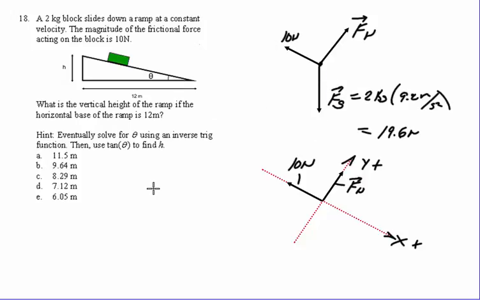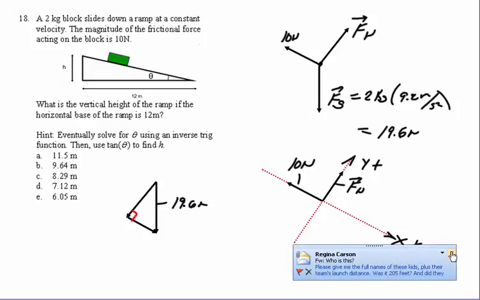Again, we talked about this in class, but I draw this like this, and if it's going down inclined in this direction, I draw the normal first like that, and this one like this. Again, this is the right angle here. We know right now that this value here is going to be 19.6 newtons here.